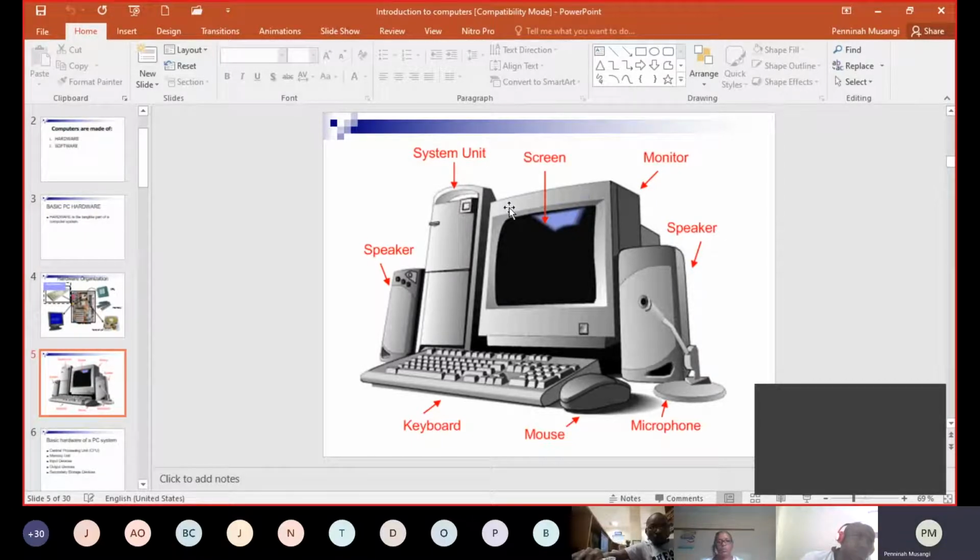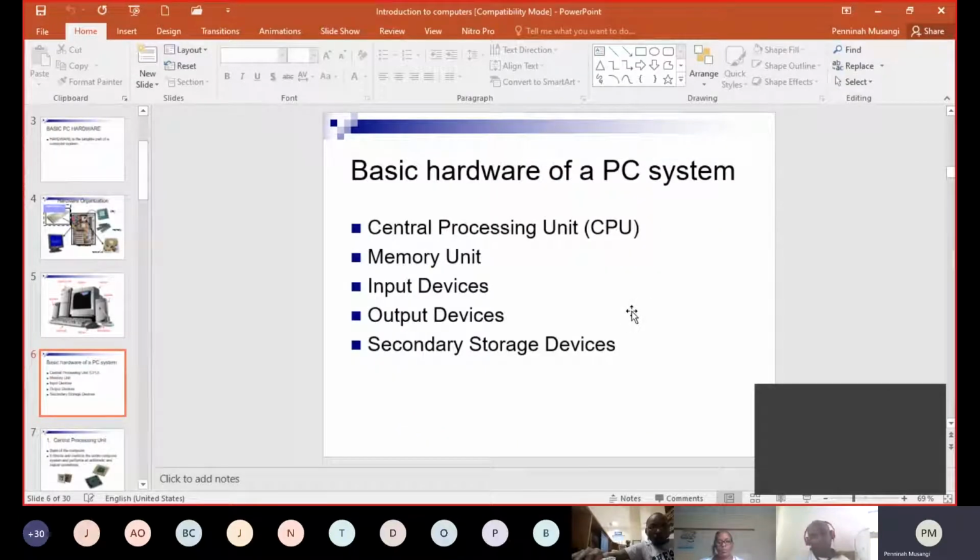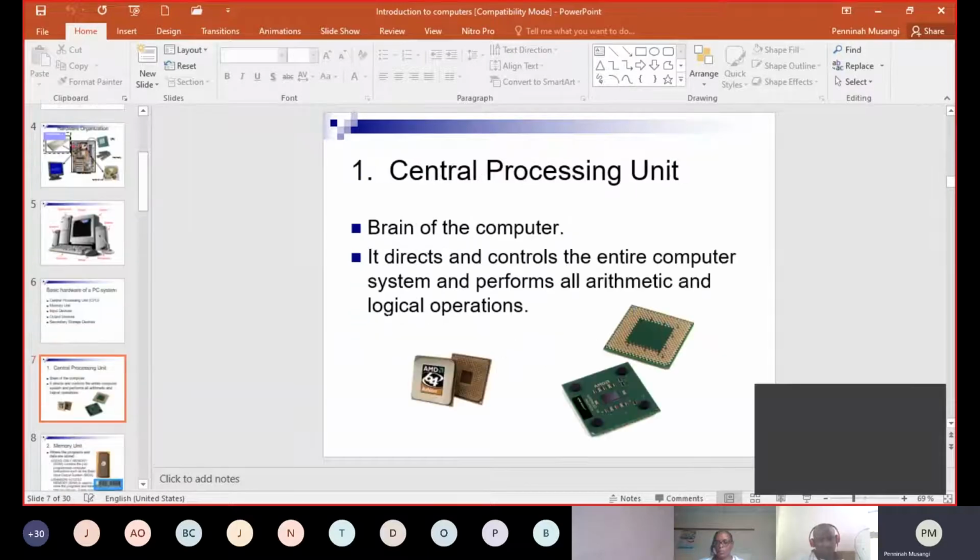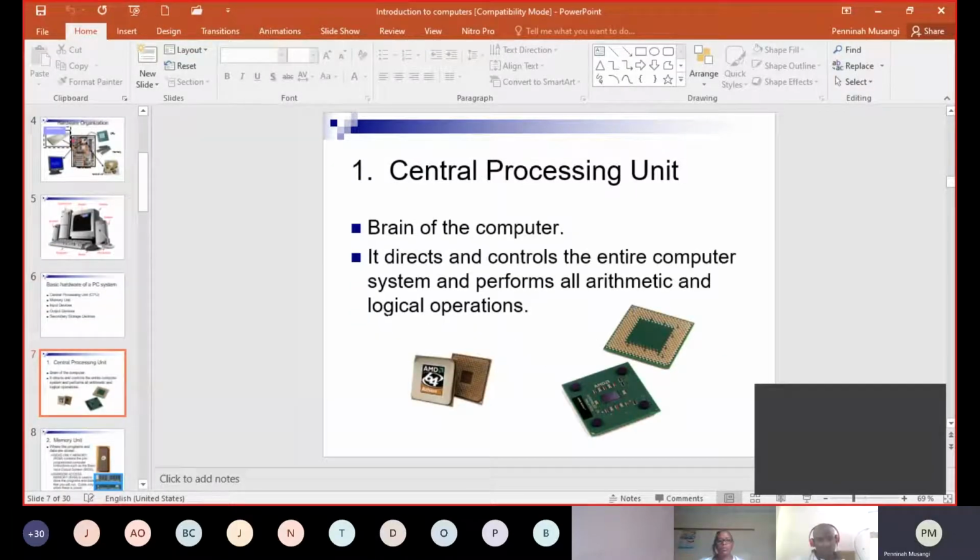So a basic hardware of a personal computer consists of the CPU, which I've explained. I want to look at each in detail. We start with the central processing unit. We say the CPU is the brain of the computer.